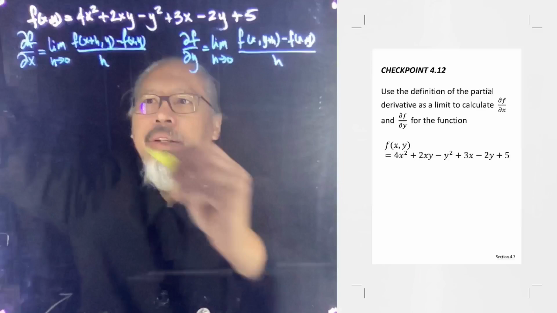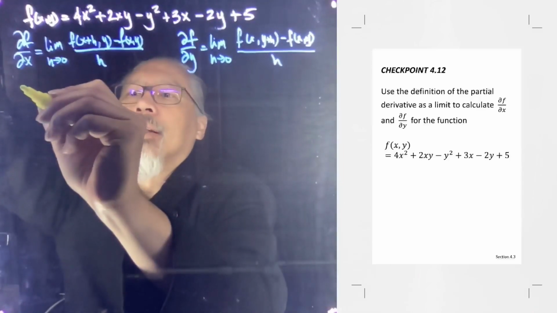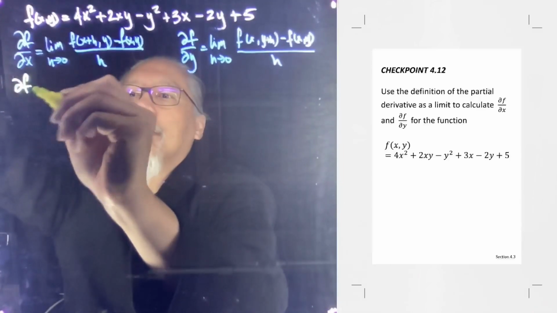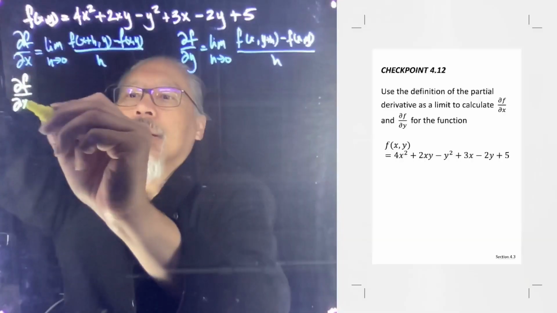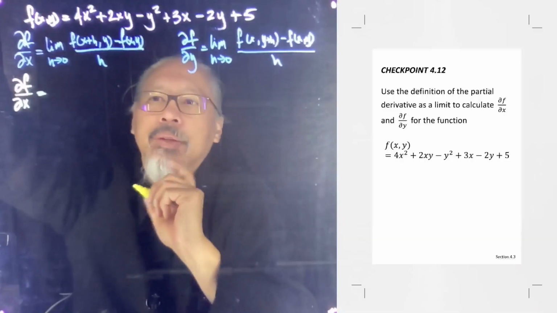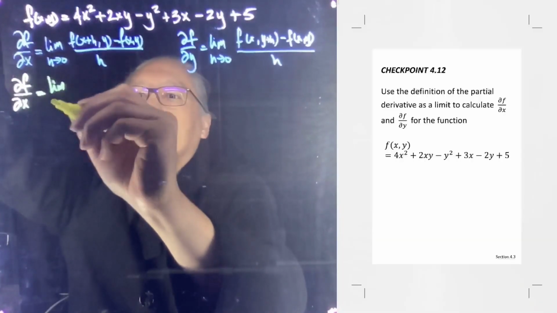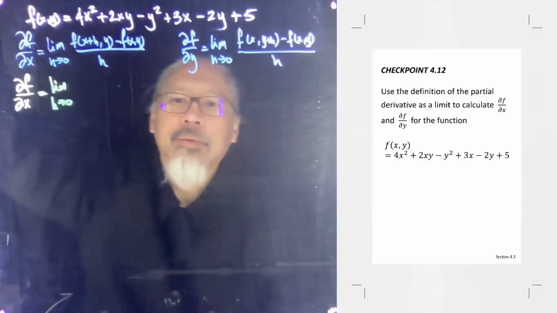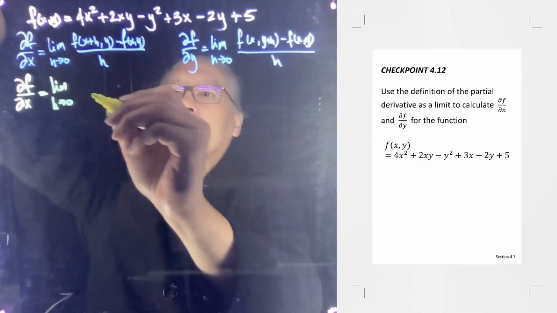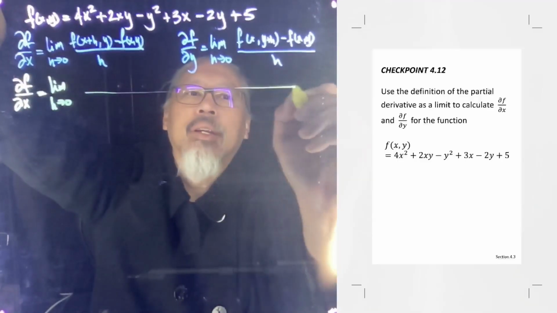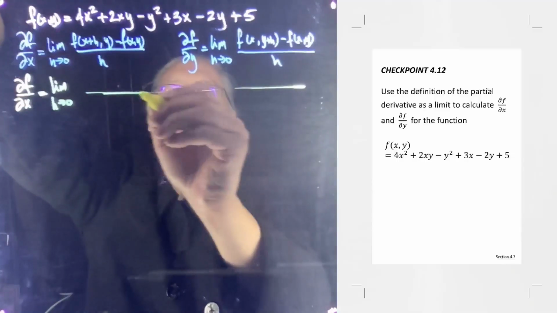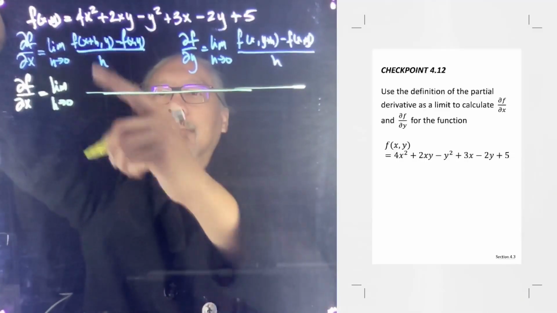Let's do the first one, and this could get a little lengthy and full of algebra, but the partial of f with respect to x will be equal to the limit as h approaches 0. Now, wherever we see an x, we are going to replace it with x plus h.